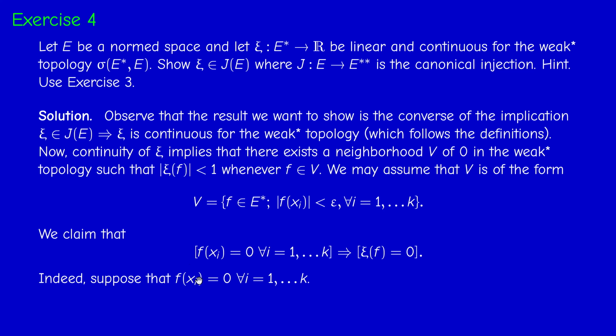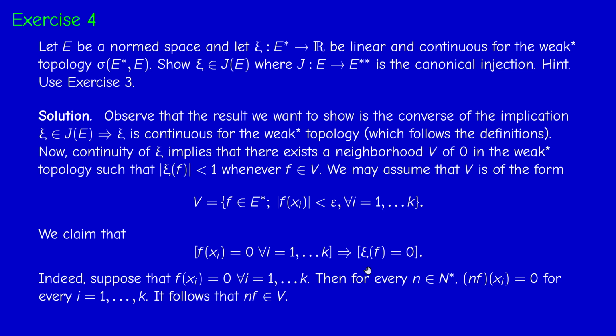So suppose that f vanishes at all xi. Then n f of xi is 0. Multiply by n. And therefore, in particular, the absolute value of n f of xi is less than epsilon. So n f belongs to V. And therefore, Xi of n f is less than 1 according to our condition.